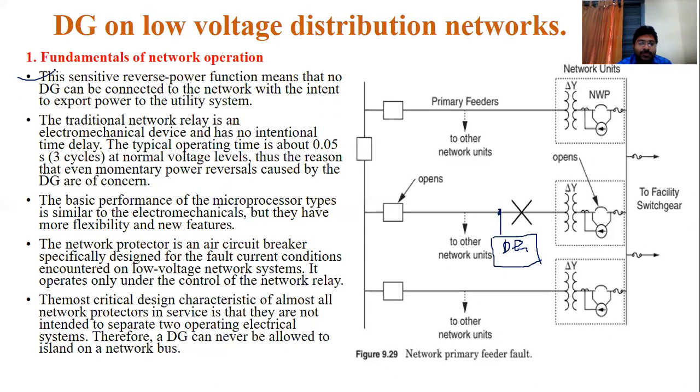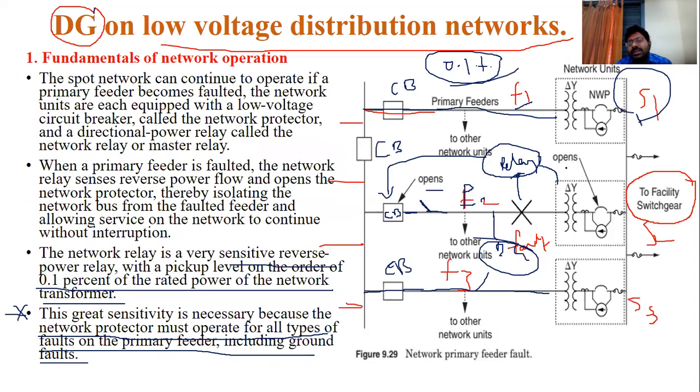Remember this point. Now see this reverse power function. What is the function of that relay here? This is the reverse power relay. When there is some fault in the system, it can observe reverse power in this line, so the relay will operate. That is the operation of that relay.